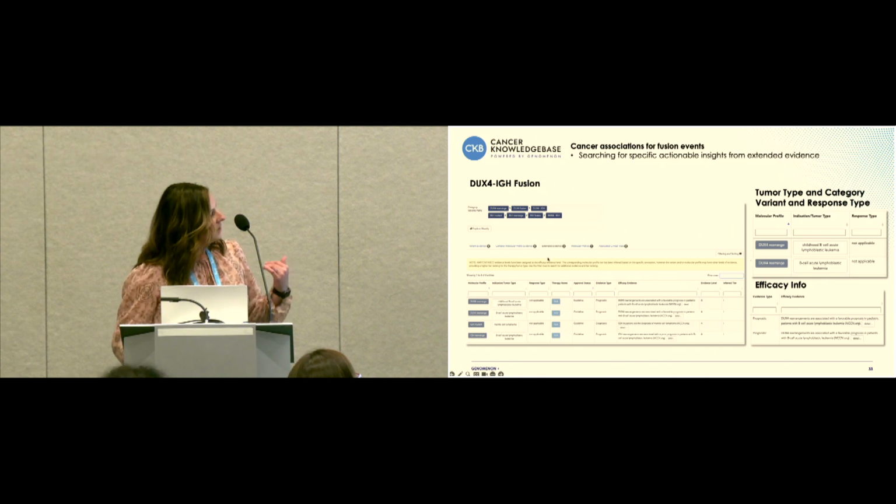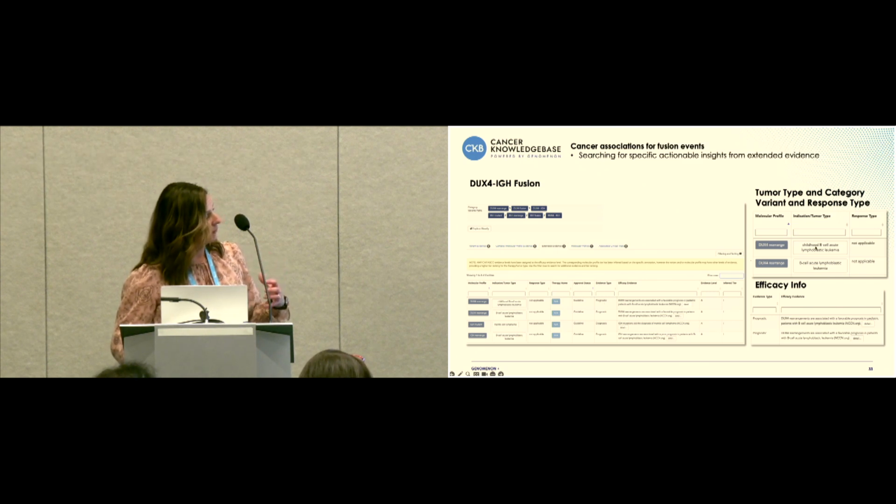So we can then look at extended evidence specific to this fusion. So in this case, we're looking at the parent categories that this fusion belongs to, so DUX4 fusion, DUX4 rearrange, and we can see right here there is information related to prognostic guidelines.